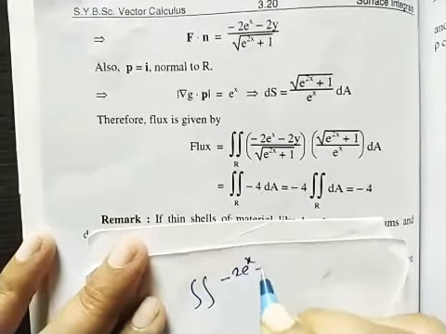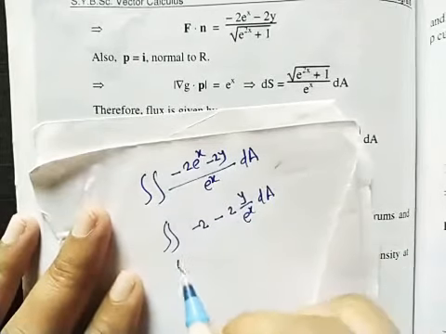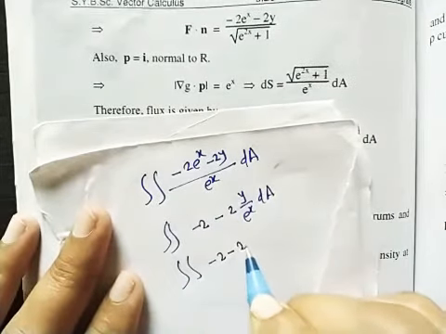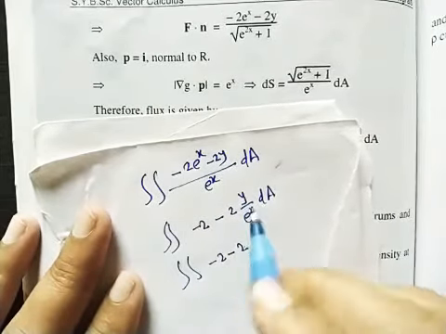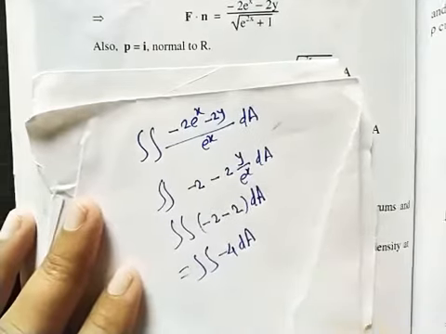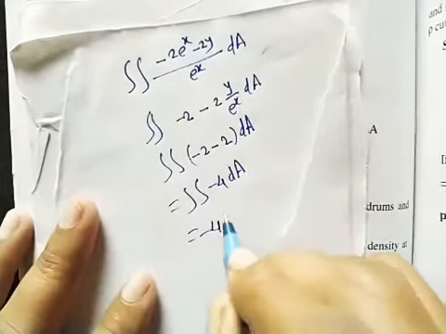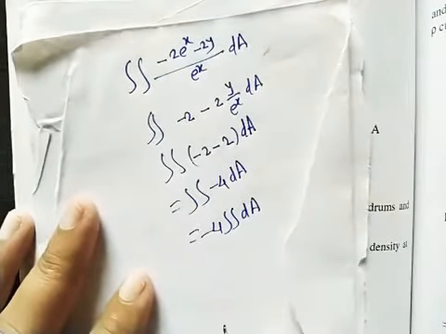That can be written as the double integral of minus 2 minus 2y e raised to x dA. But what is y? y is equal to e raised to x. So that will be minus 2, and e raised to x gets cancelled, dA. That is, we get the double integral of minus 4 dA. We can take minus 4 common, so minus 4 times the double integral over dA.